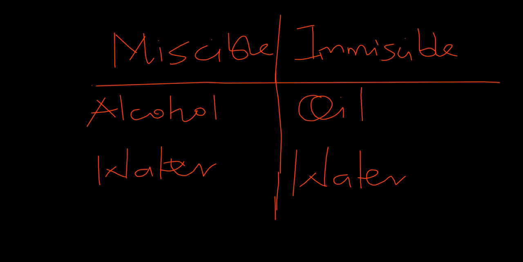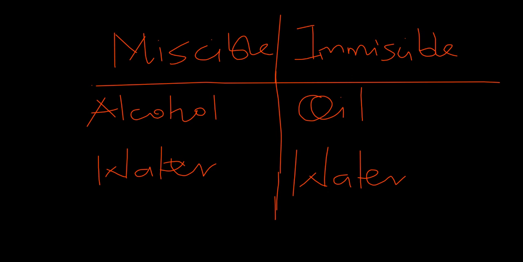So we understand what miscible liquids are. They are liquids that can mix uniformly, whilst immiscible liquids are liquids that will not mix uniformly. They actually form layers when you put them together.